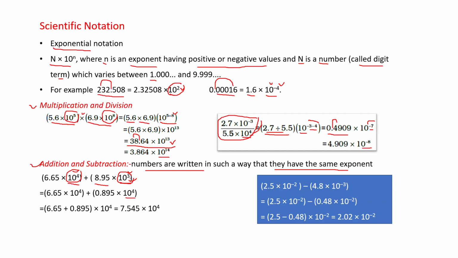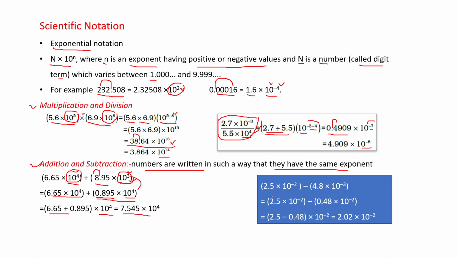When the power is increased by 1, what is the shifting in decimal? This decimal shifts one place to the left-hand side. That's why we will get this one. Now between these two numbers, 10 to the power 4 is common. Then you add 6.65 plus 0.895, and then we will get this one.